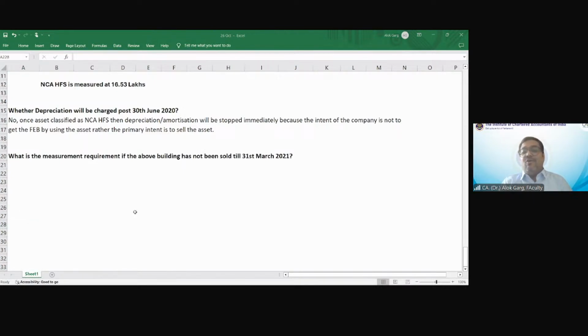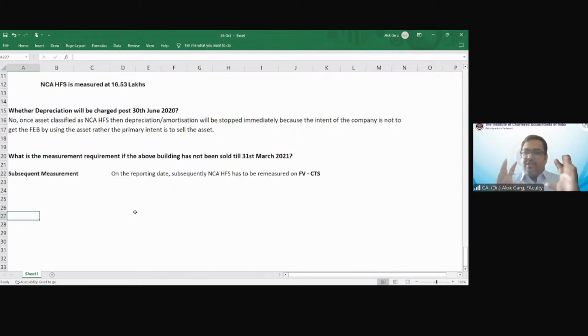The standard says that on the reporting date, this NCA HFS has to be remeasured at fair value less cost to sell. On the reporting date, you compute the fair value less cost to sell again.